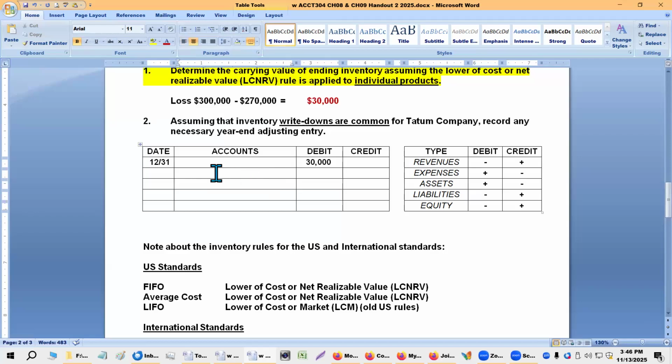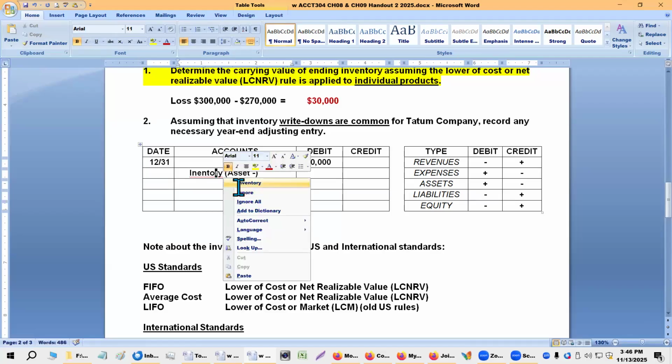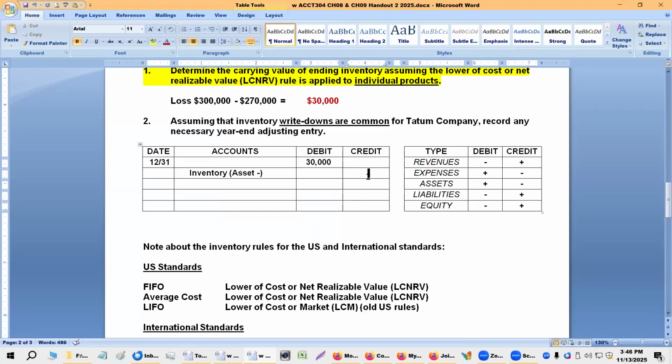Well, first of all, you're going to take it out of your inventory. So inventory is going down by 30,000, and this would just be added to your cost of goods sold.